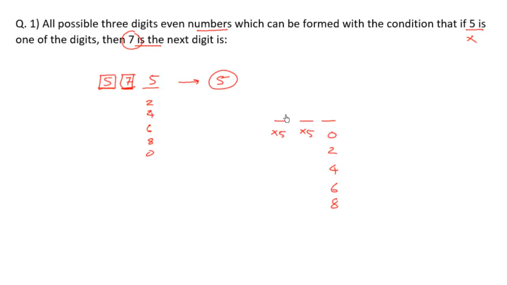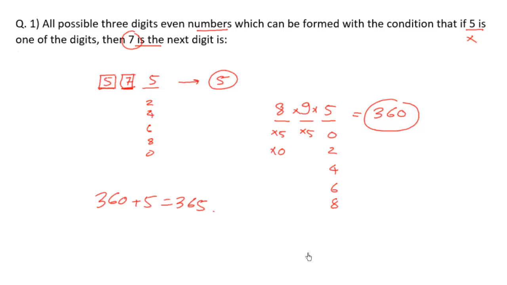So this place can be anything other than 0 or 5, so obviously the number of ways is 8. This place can be any of 9 numbers, including 7 in fact. This place has to be the even place only, 5 ways. So the overall value for this is 360, as we can see. So the total answer would be 360 plus 5, which comes out to be 365. So that becomes our answer.